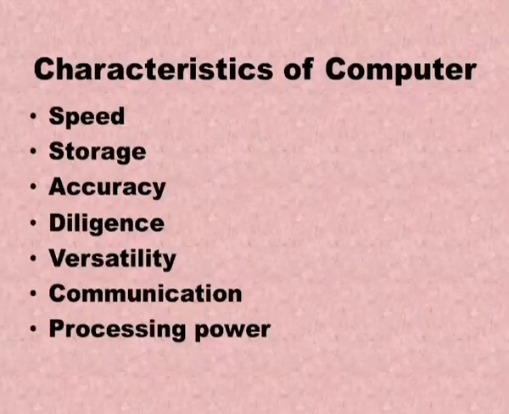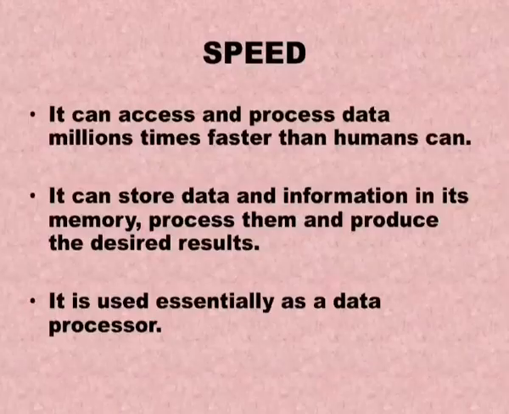Characteristics of a computer. A computer is better than a human being in various aspects and it possesses some characteristics. First is speed. It can access and process data millions of times faster than a human can.